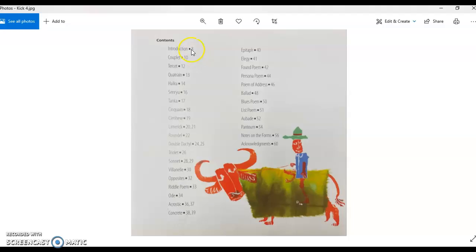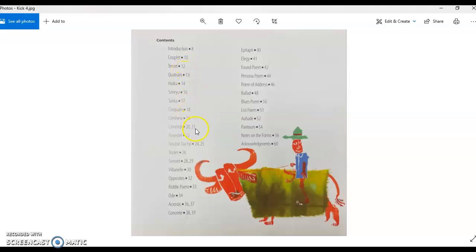So this is the table of contents. The introduction is next, followed by the one that we'll study today, a couplet. A couplet is the basic two-line building block of poetry. And then we get into tercets and quatrains and haikus and senryus and tankas, cinquains, Clerihews, limericks. That's about where we'll stop.